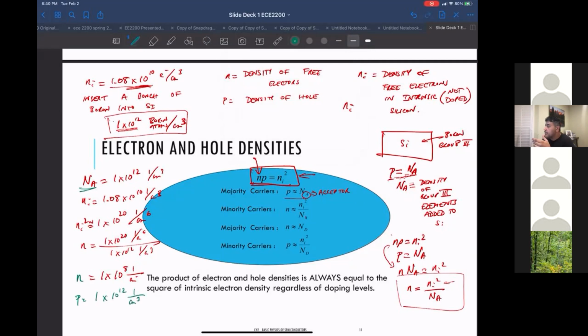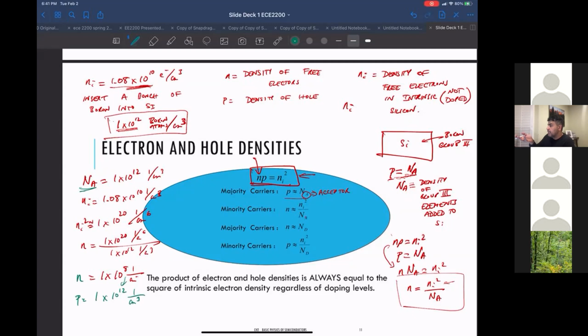So by adding these boron atoms, we made the density of holes 4 orders of magnitude higher than the density of electrons. So you can quickly create an imbalance by adding these extra atoms, a significant imbalance between the density of electrons and holes.